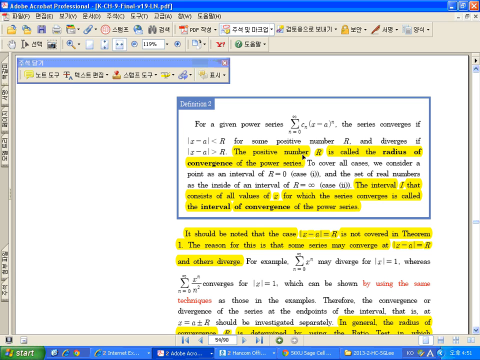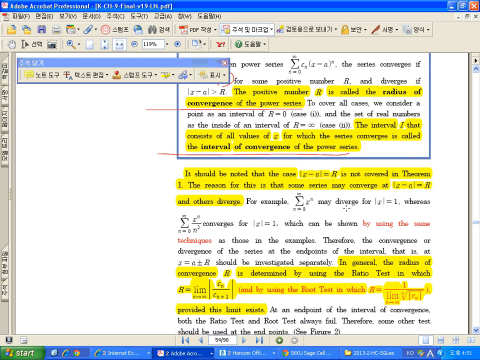The positive number R, which was mentioned above, is called the radius of convergence of the power series. The interval I that consists of all values of x for which the series converges is called the interval of convergence of the power series.